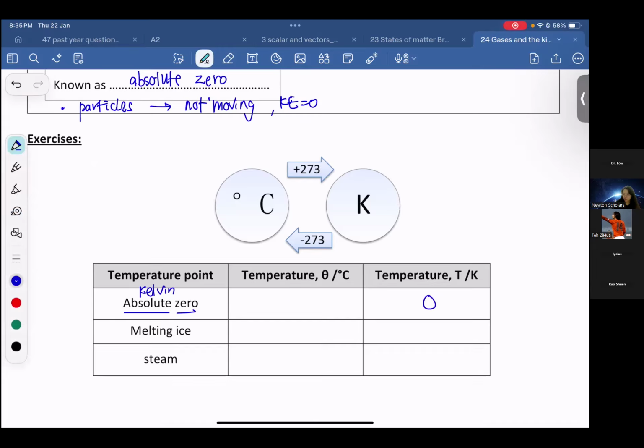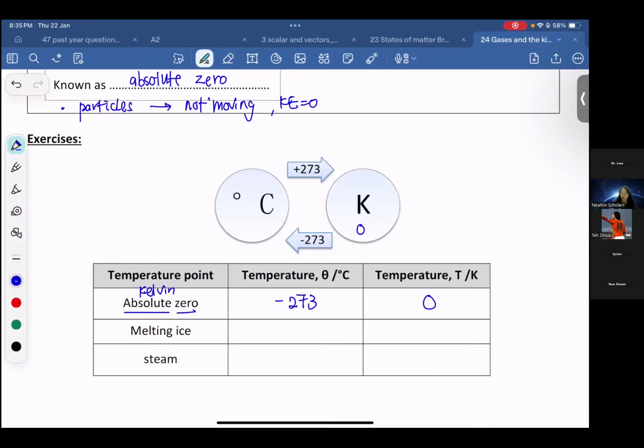Then from Kelvin 0 change to degree Celsius, it should be negative 273 degrees Celsius. So for the first one, absolute zero means 0 Kelvin. Kelvin is 0, change to degree Celsius is minus 273. Plus or minus, you have to know by yourself.